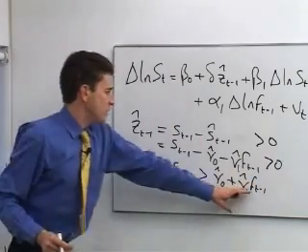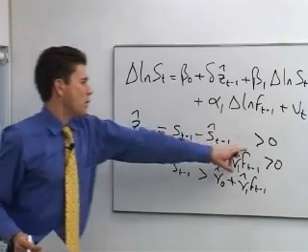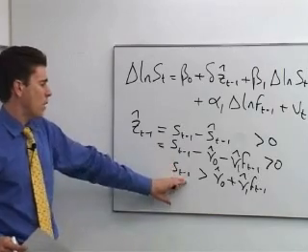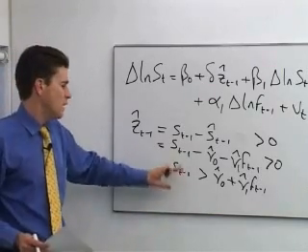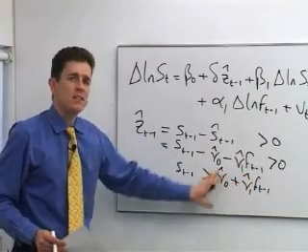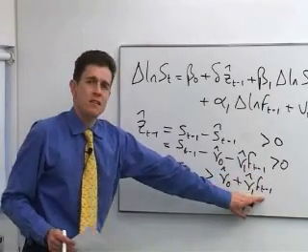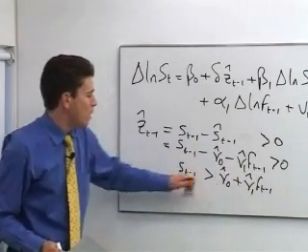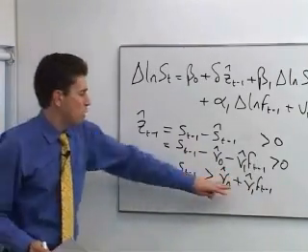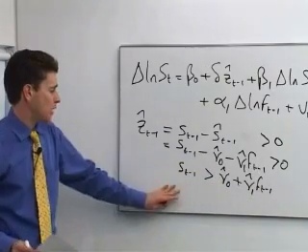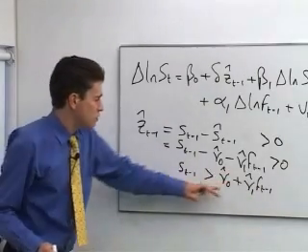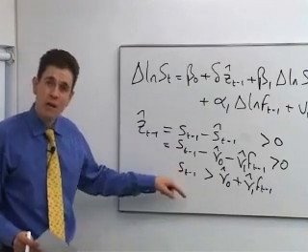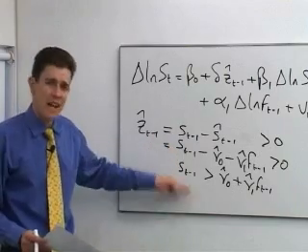So what this would be saying is, if z hat t minus 1 is positive, then the log of the spot price at time t minus 1 is too big compared to its equilibrium value related to the futures price. So what should happen in order to restore equilibrium? Well, if we assume that the movement occurs in the spot market rather than the futures market, then in order to restore equilibrium, the value of the log of the spot price here must fall. In other words, the spot return must be negative.